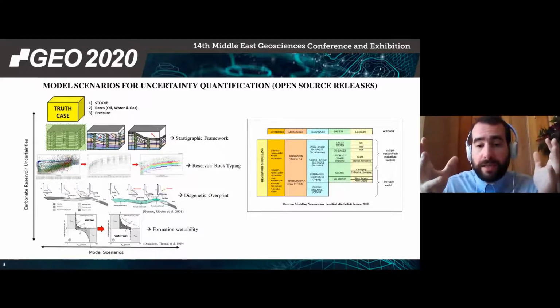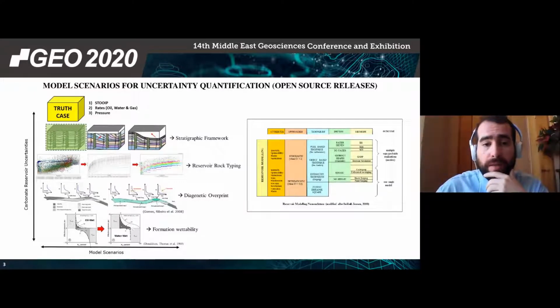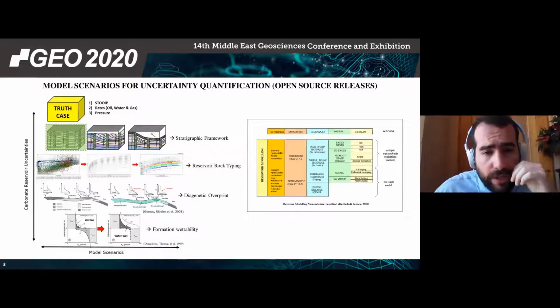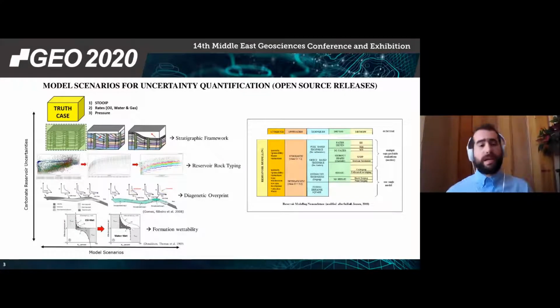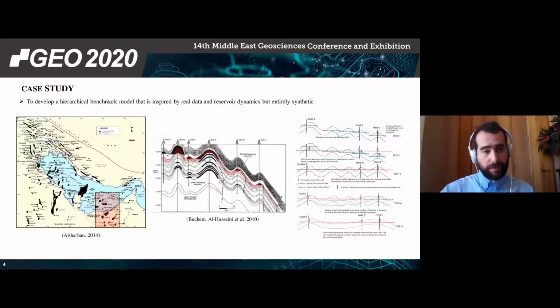But not only that, you also have the modeling uncertainties. So you can have your attributes, your approaches, your techniques, your drivers, and then of course your methods. So all of which has its own decision making to be done by the geomodeler and by myself by building this model.